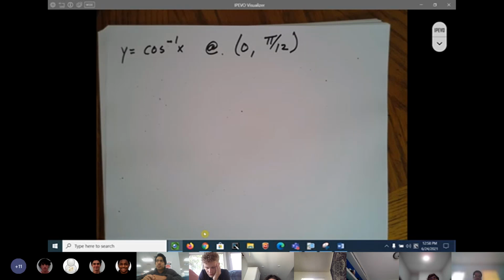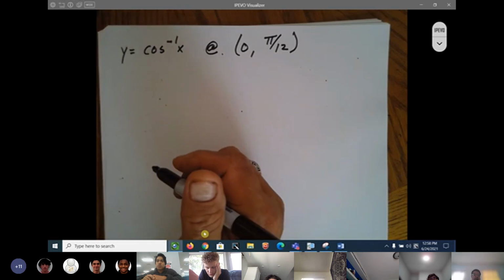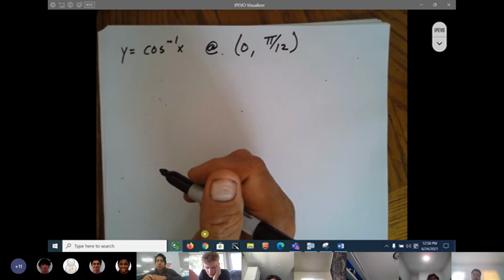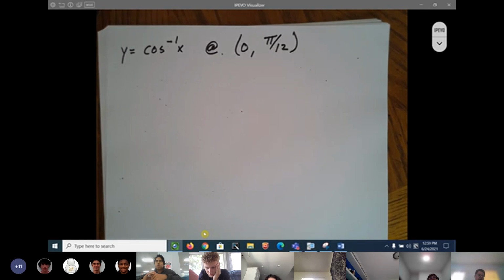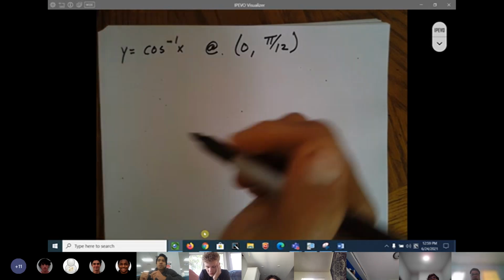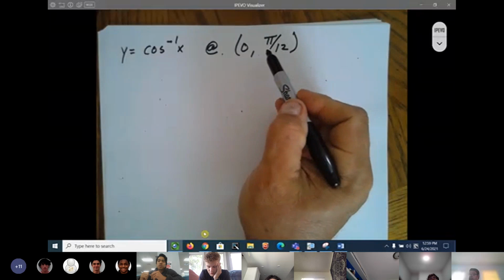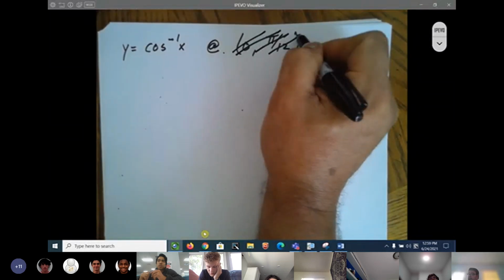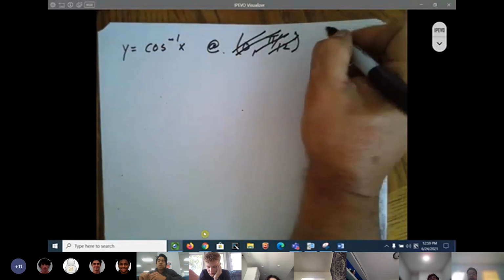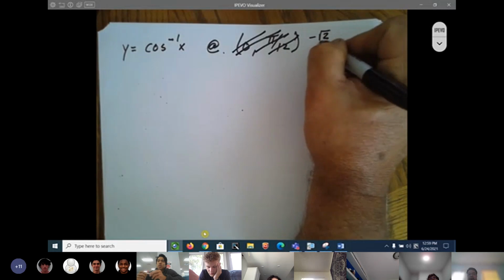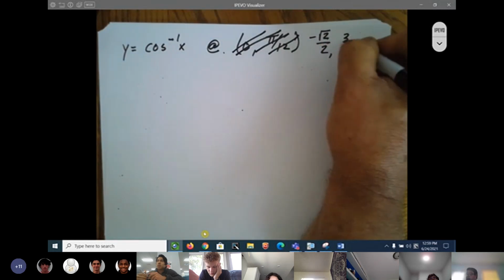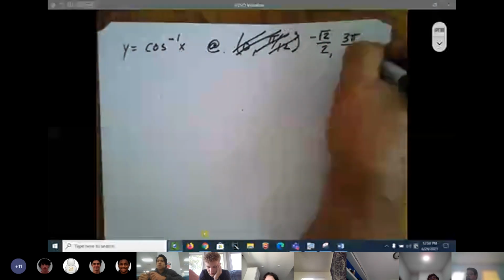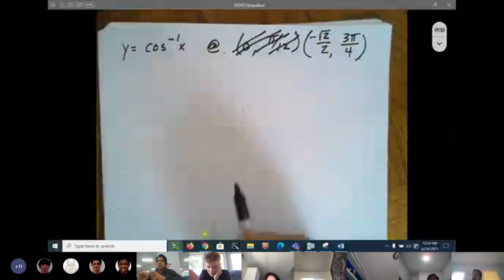And this is what you're supposed to do. Wait a minute, I may have the wrong point. That's not the right point. The point is negative square root of 2 over 2 and 3 pi over 4. I wrote down the wrong problem.